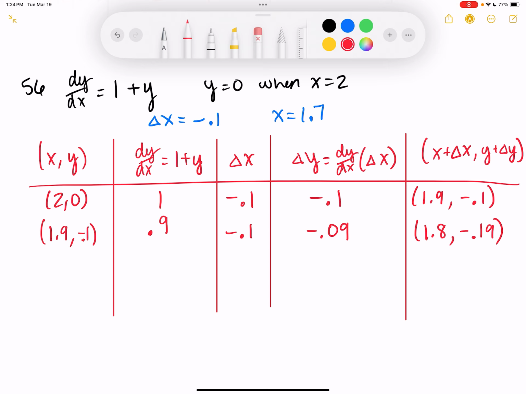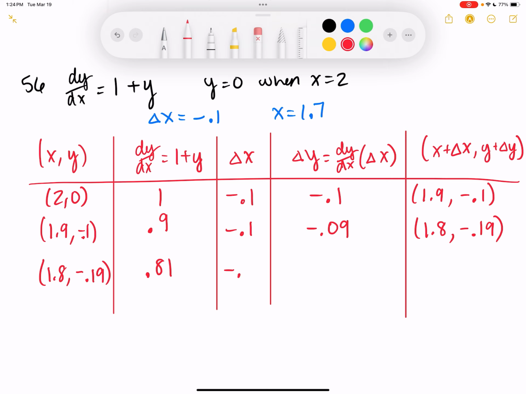And then bring that one down, 1.8, and this will be the last one because I'm just trying to get to 1.7. When I plug this in for y, what do I get? 1 minus 0.19 is 0.81.